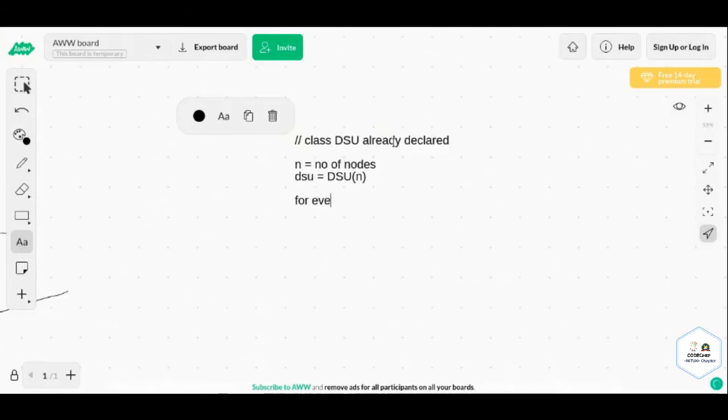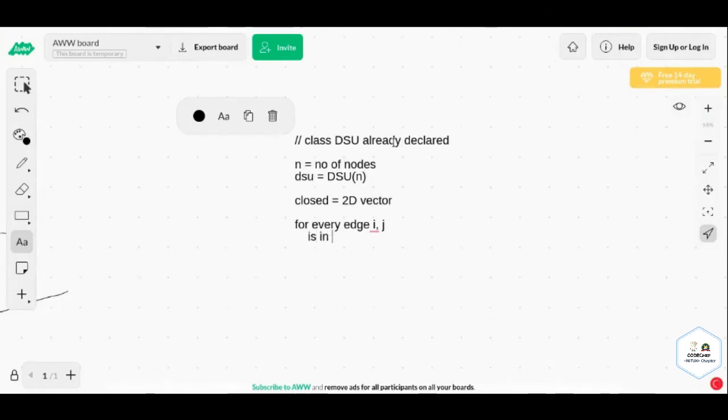Then for every edge i, j, we will maintain a dynamic array called closed. In C++ that is a vector, let's say a 2D vector.